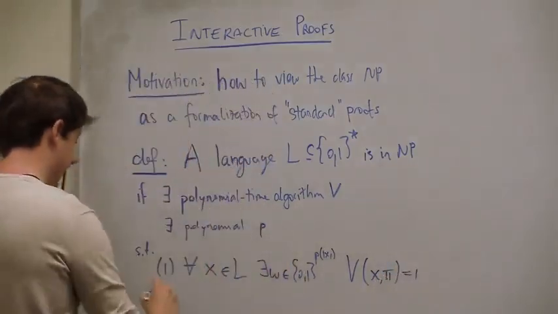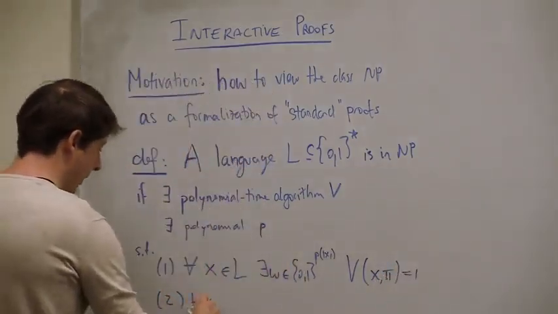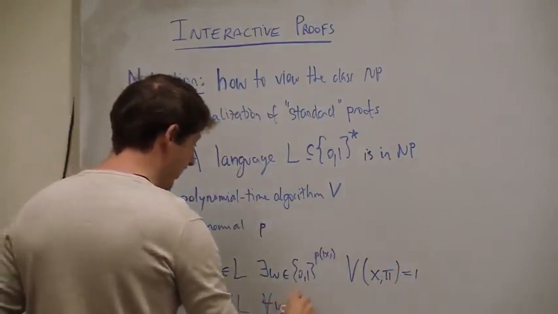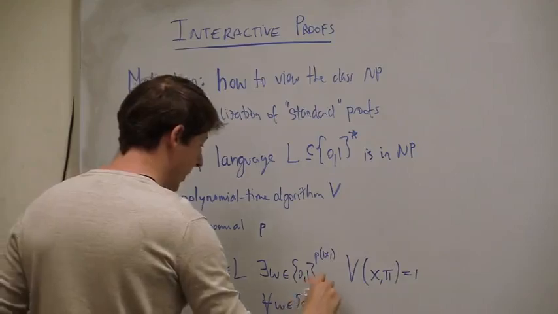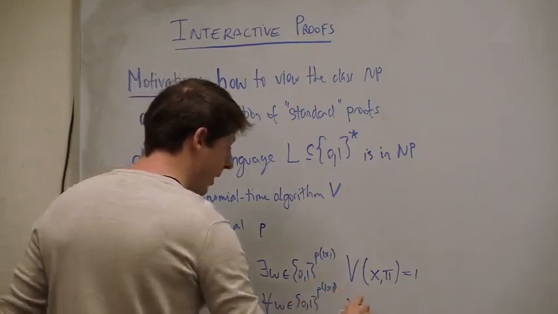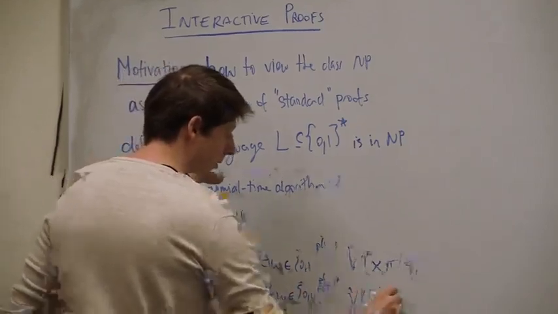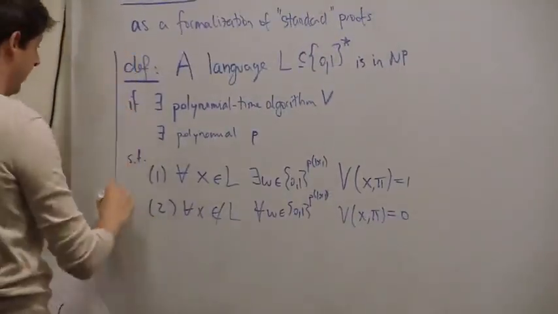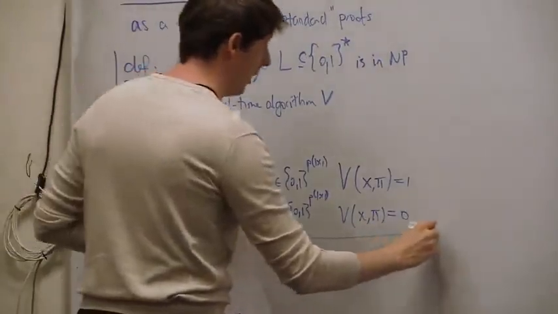So V on (x, pi) equals 1. And for every instance outside the language, no matter which witness you're considering, again of polynomial size, the verifier will say no. Okay?